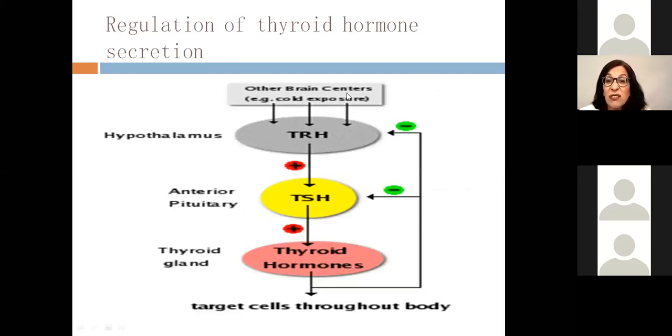See, this is if there is cold exposure or any such factor that causes stimulus to the hypothalamus. Now, when there is excess of thyroid hormones, the thyroid hormone by negative feedback inhibits TSH, and by negative feedback inhibits TRH. So this is how they control thyroid hormone secretion.